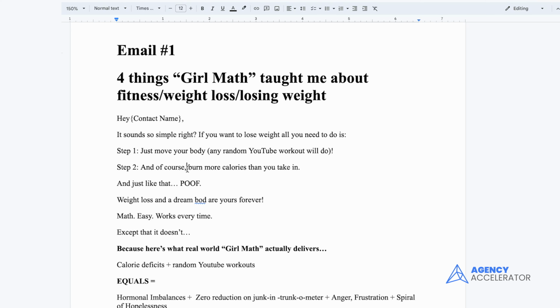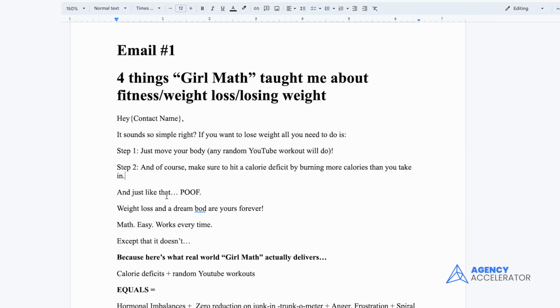And of course, make sure to hit a calorie deficit by burning more calories than you take in.